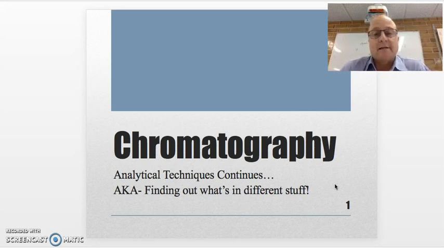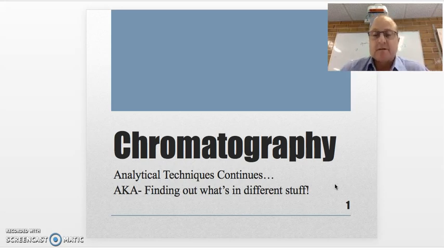And this can be qualitative and quantitative, because we can work out what is within a sample that we might get, and we can also work out the amount using atomic absorption spectroscopy. So that is what we call both a qualitative and quantitative type of analysis.